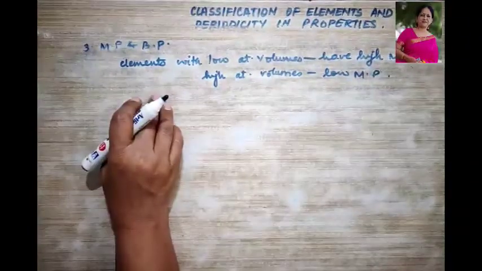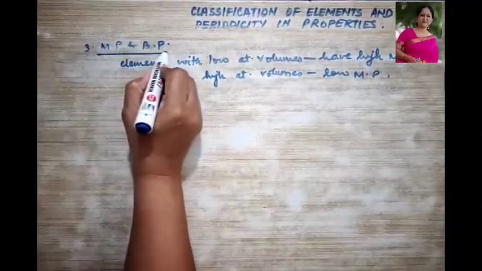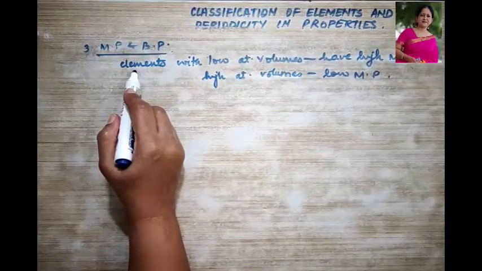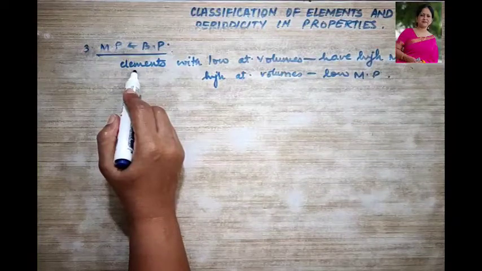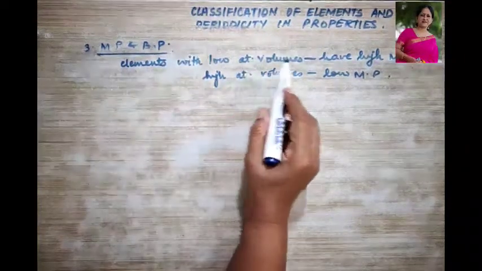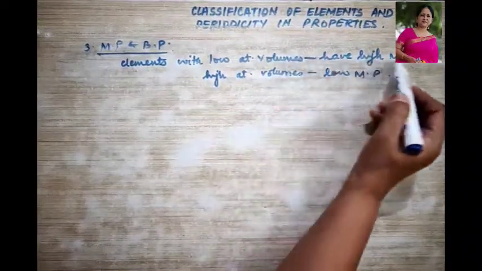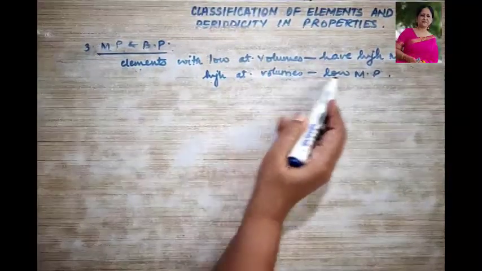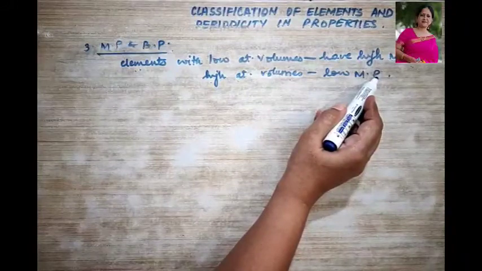Is this point very clear to you? In melting and boiling point, elements with low atomic volumes have high melting point, and elements with high atomic volume have low melting points.